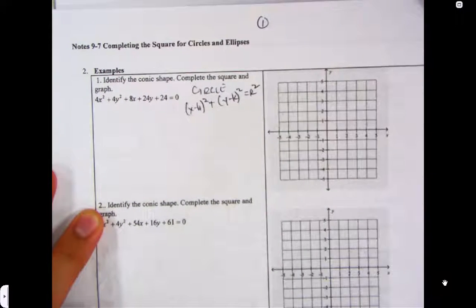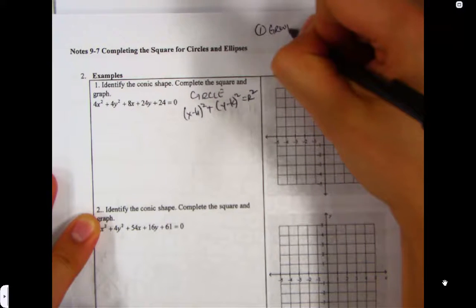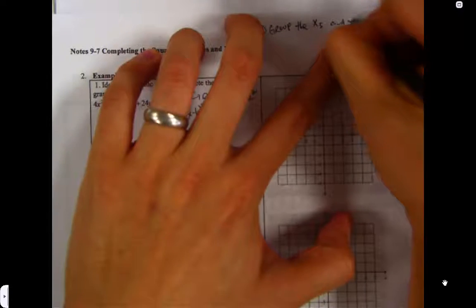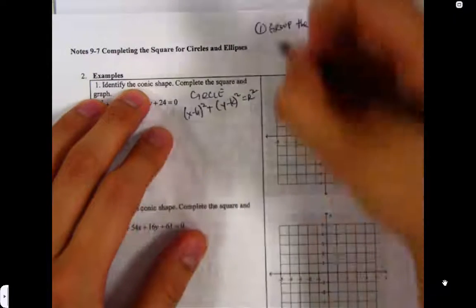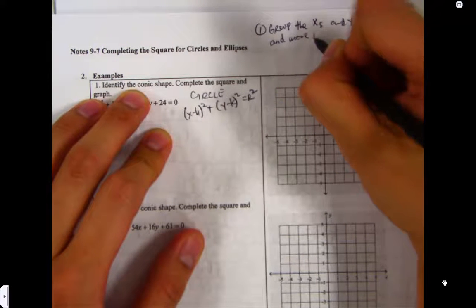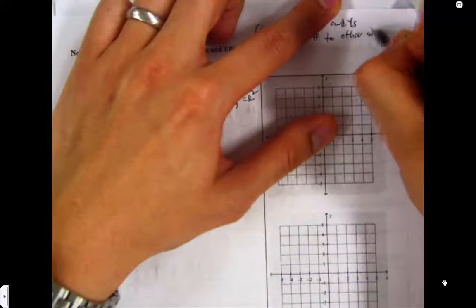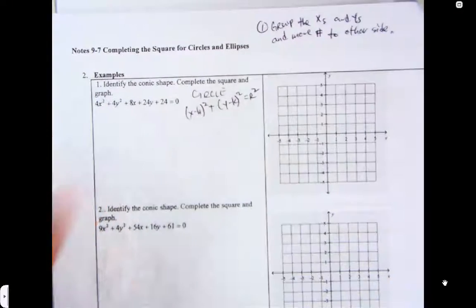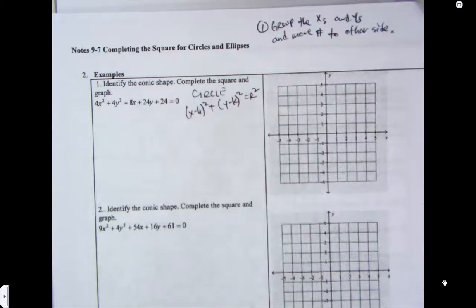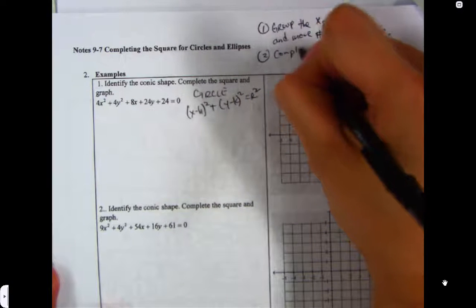Alright, so the first step, let's write the steps out here, is to group the x's and y's and move the number to the other side. Okay? So you actually only have a couple steps. The second step is to complete the square.